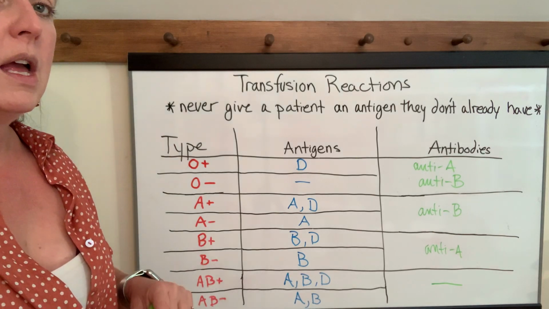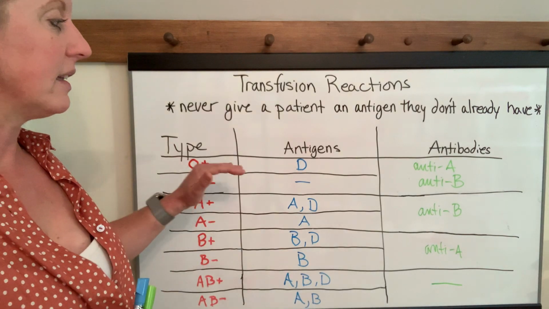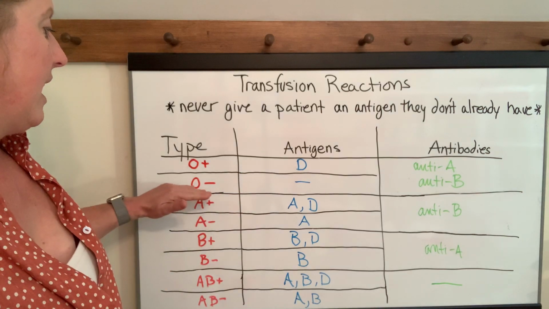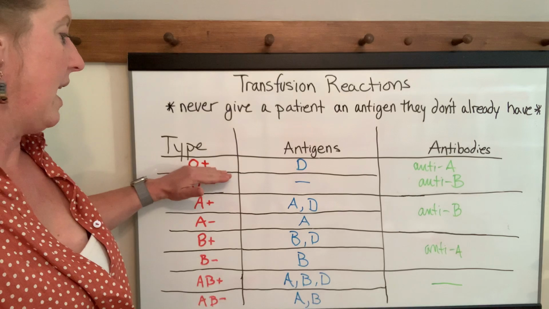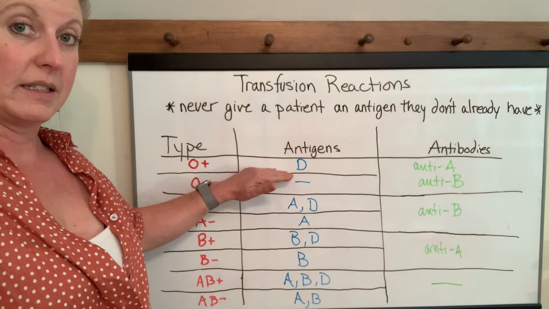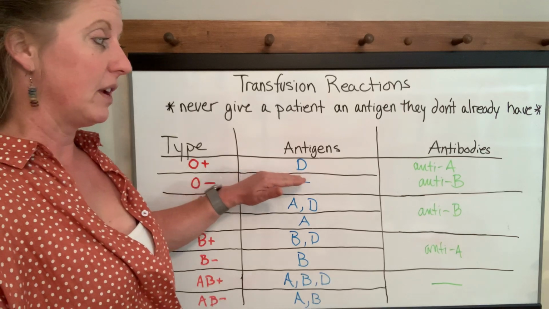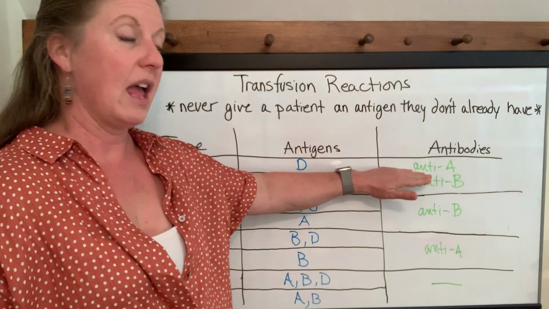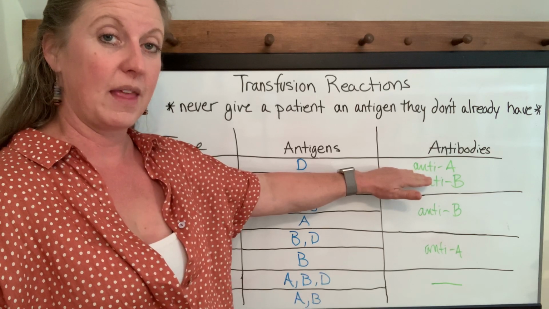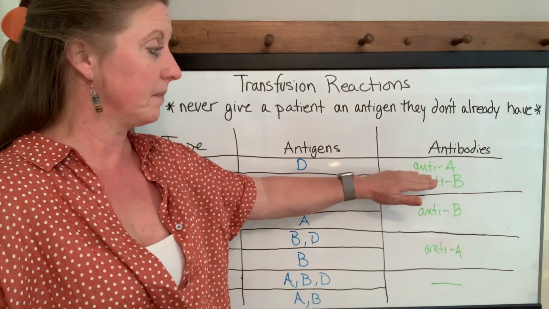All right, so let's take a look at this and see what happens if I give someone who has O positive blood, I give them A positive blood, then I'm giving them the A antigen and their anti-A antibody will attack it, and that will cause a transfusion reaction.